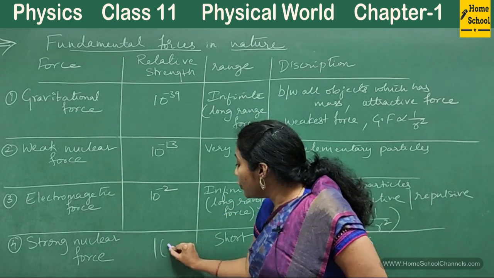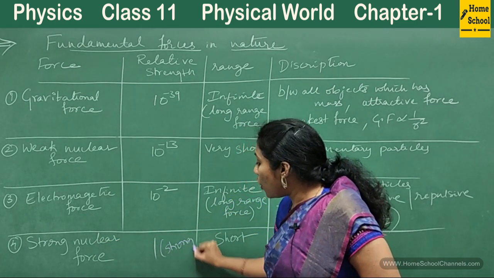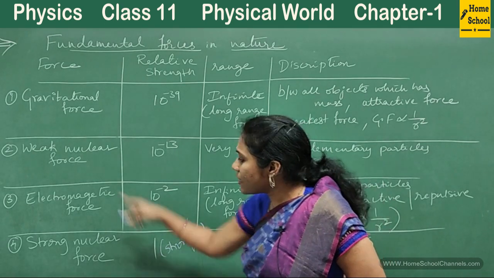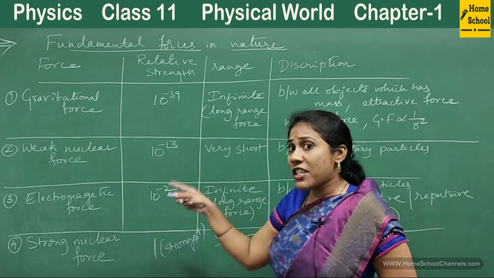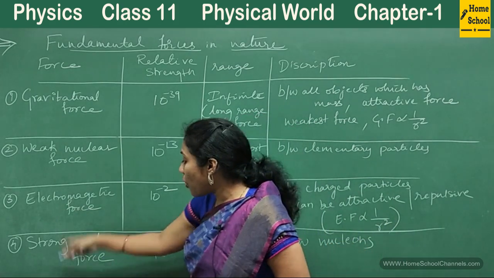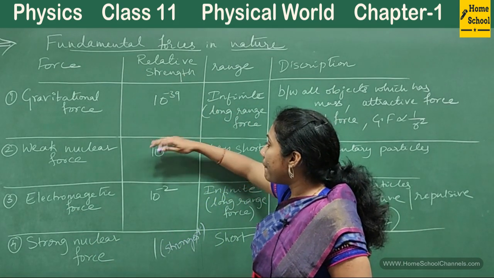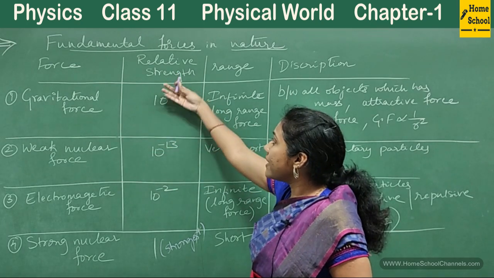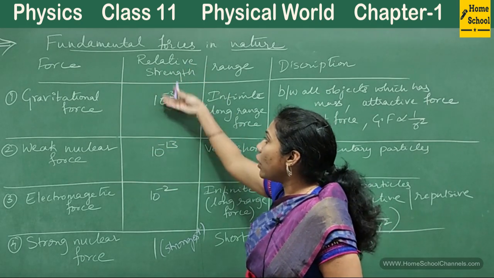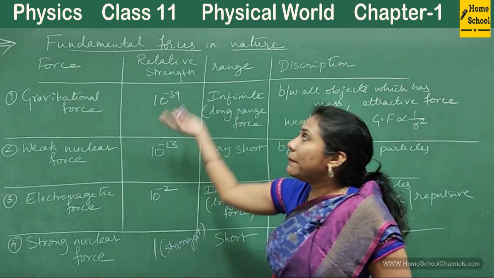So strong nuclear force is always strongest. Which is the strongest force in our nature? Strong nuclear force. Comparing to one force, what is the strength of this force? That's what we mean by relative strength.